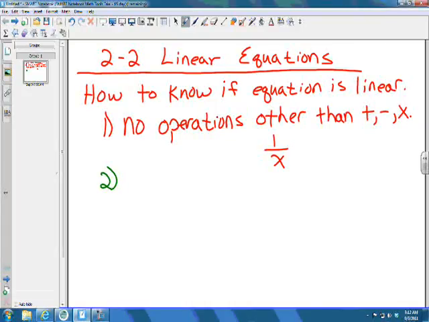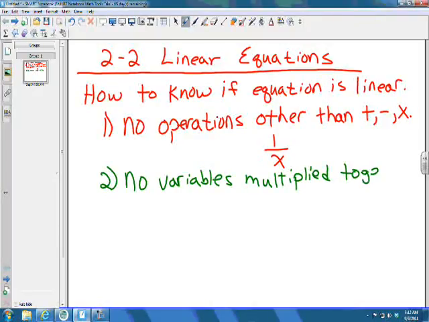Secondly, variables may not be multiplied together. So a simple example of that, you couldn't have xy. If you have variables that are being multiplied, it is not linear.